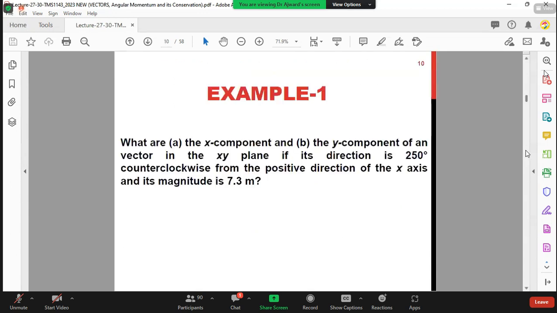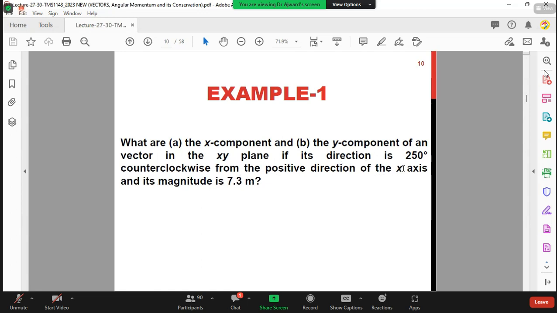So here there is an example. Maybe you can take your notebook and try to answer this. It is asking what are the x component and y component of a vector in the xy plane if its direction is 250 degrees counterclockwise from the positive direction of the x-axis and its magnitude is 7.3 meters.